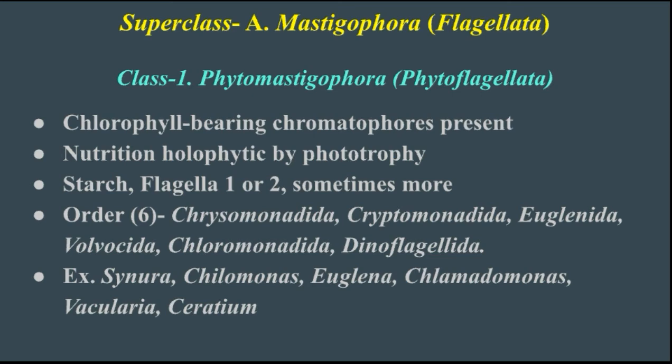The first is the Chrysomonadida, with the example Synura, as well as the Cryptomonadida, with the example Chilomonas, and in the Euglenida order the example is Euglena. Volvocida, the example is Chlamydomonas.